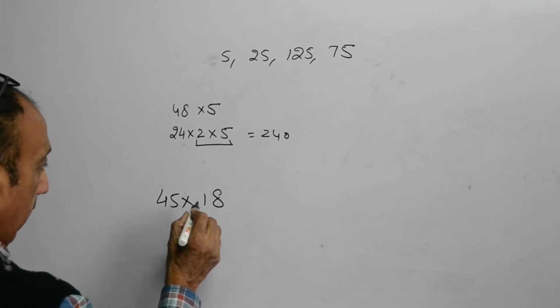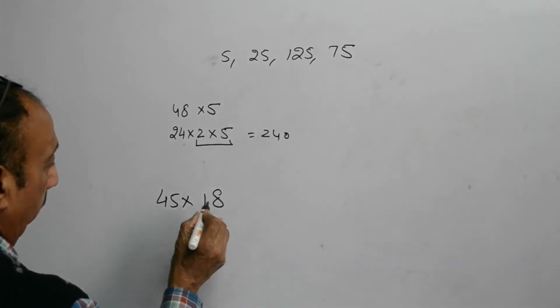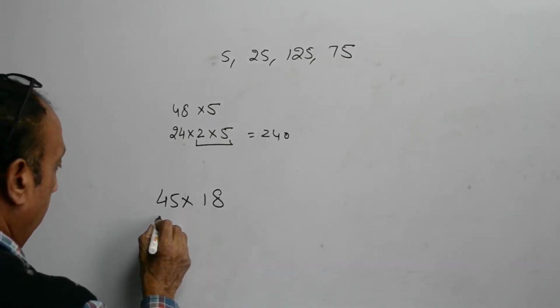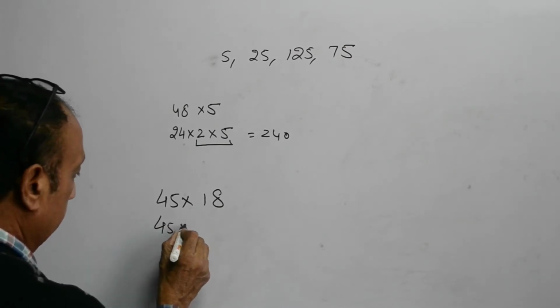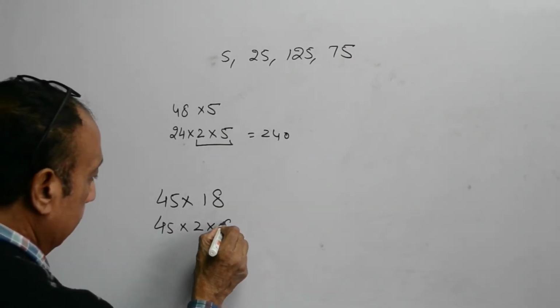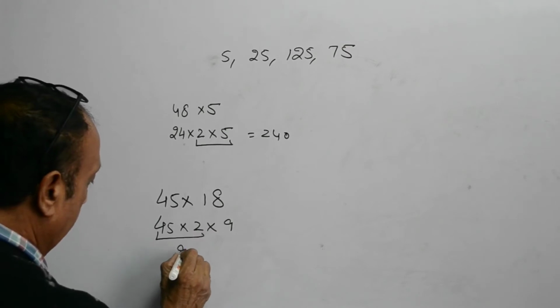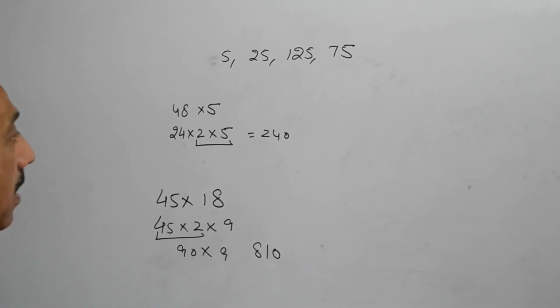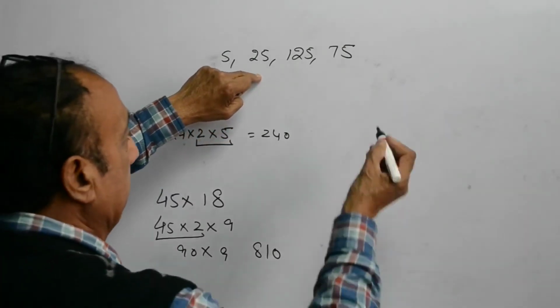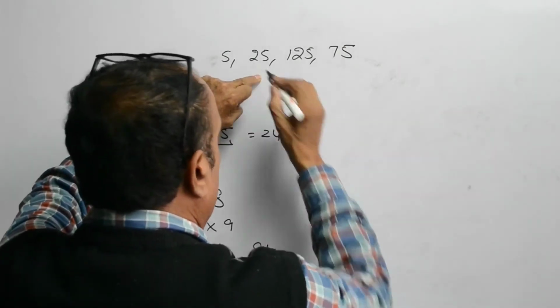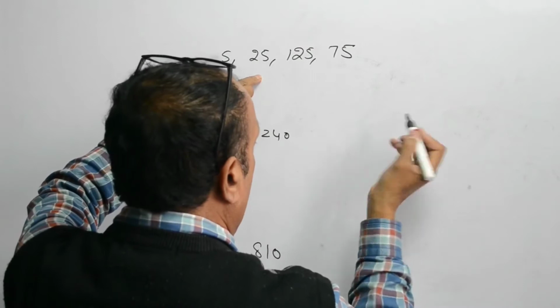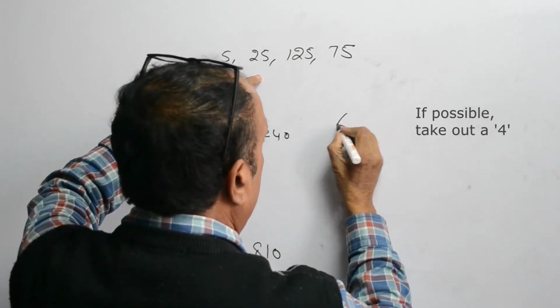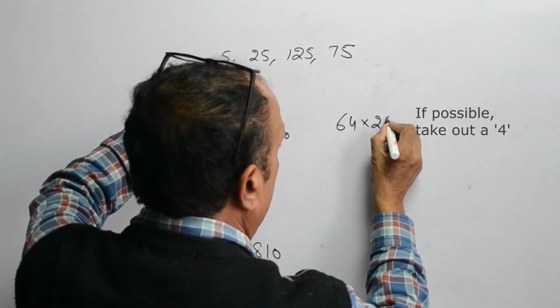So try to take out a 2 out of this 18. 45 into 2 into 9. So 90 into 9 is 810. Now to multiply a number with 25, try to find out a 4. For example, 64 into 25.